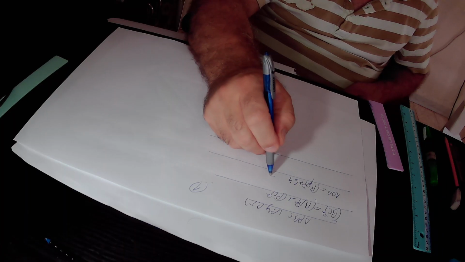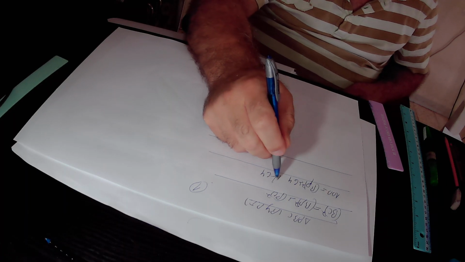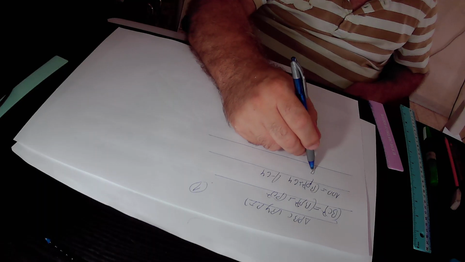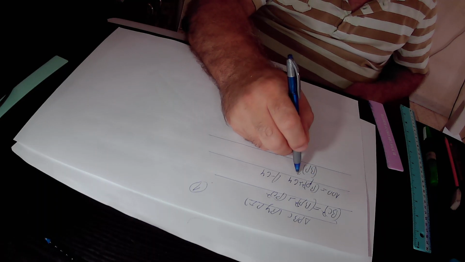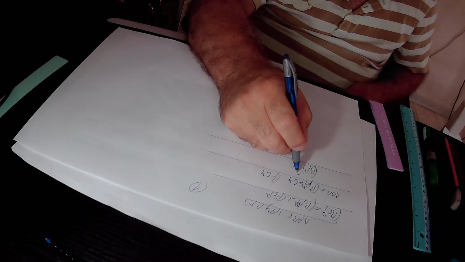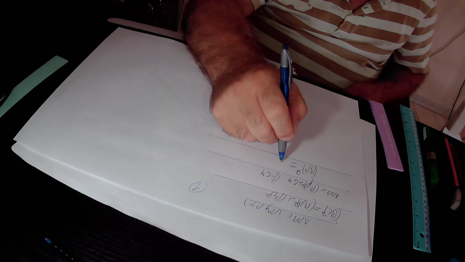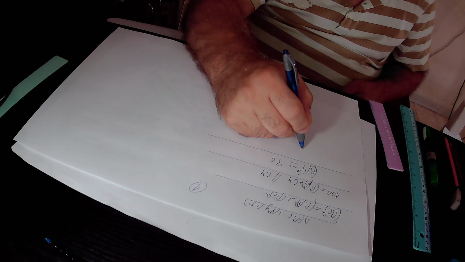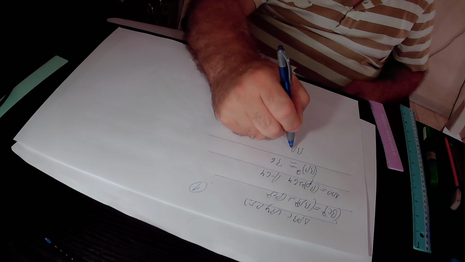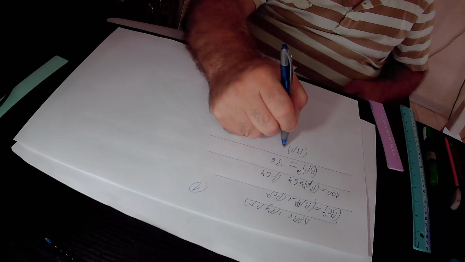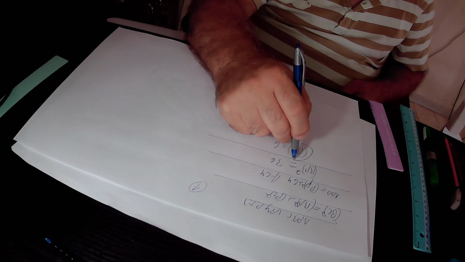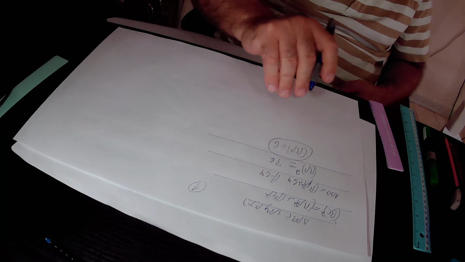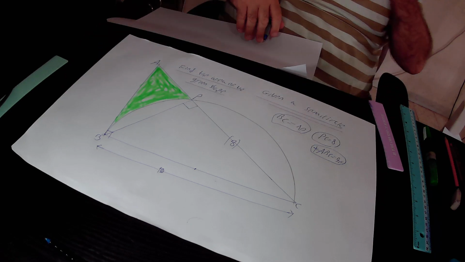Here we subtract 64 from this equation, and we get that BP square is equal to 36. We take the square root of this equation and we get that BP equals the square root of 36, that is 6. BP equals 6 units in its length.